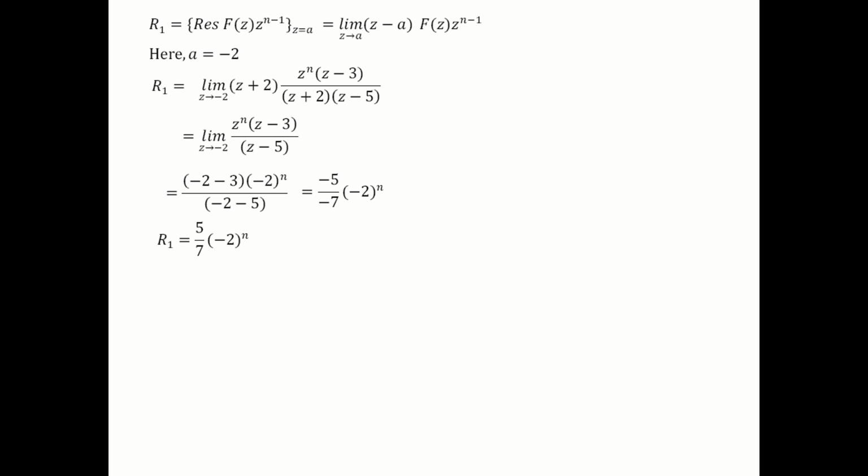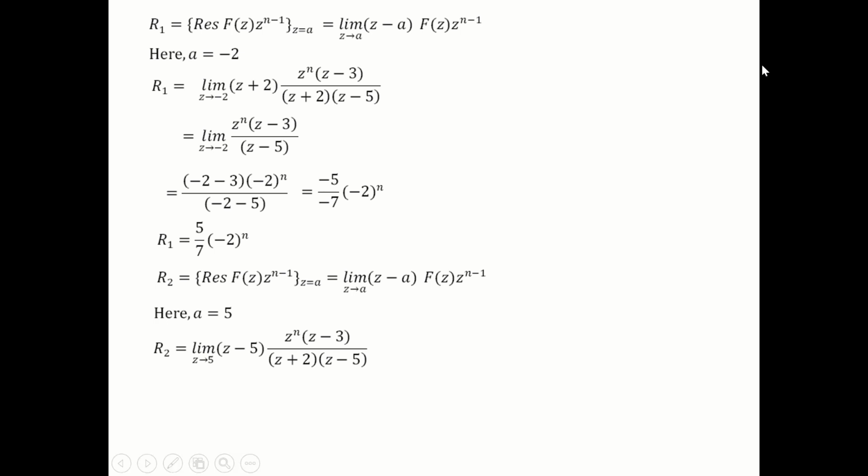Now we need to find the second residue R2 at a equals 5. R2 uses the same formula because the pole is of order 1, a simple pole. Residue of f of z into z power n minus 1 at z equals a is limit z tends to a of (z minus a) into f of z into z power n minus 1.